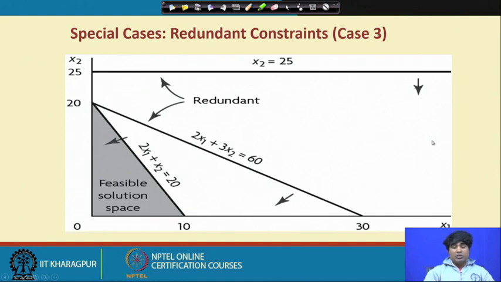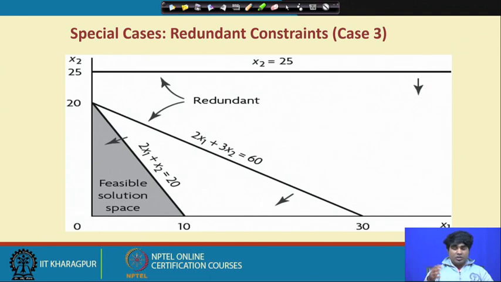And the third special case is the redundant constraints. That means what I have mentioned already: having a problem, a maximization problem or minimization problem, sometimes a few constraints may dominate the structure in such a way that you may get the objective value of the objective function and the optimum solution, but all the constraints may not finally be operative.